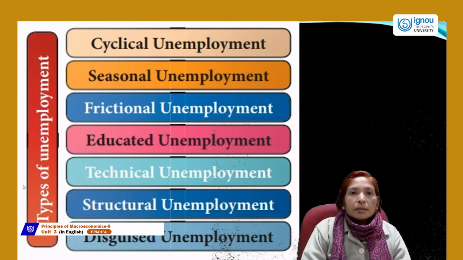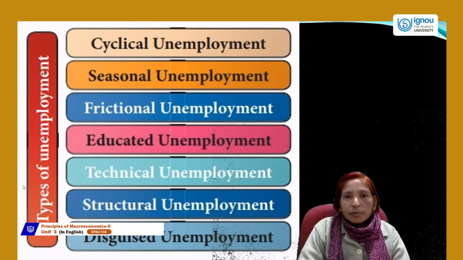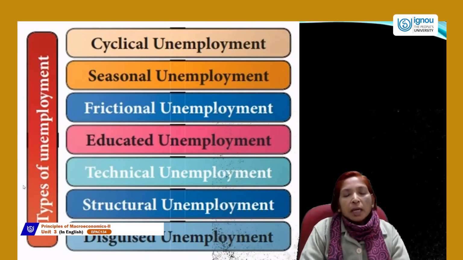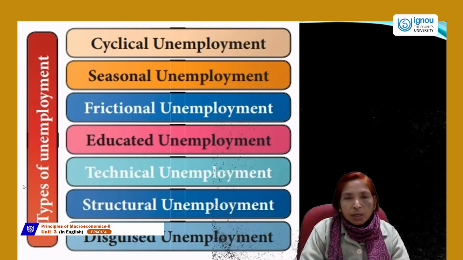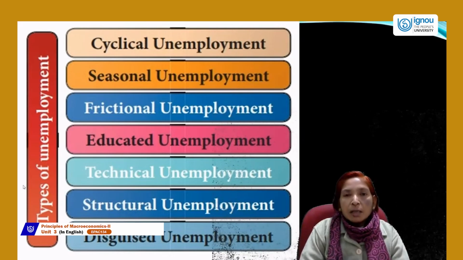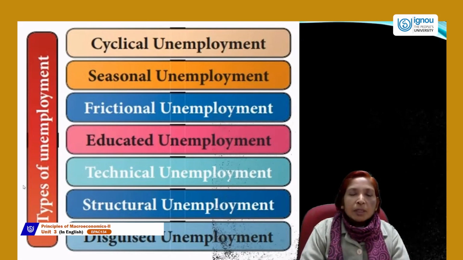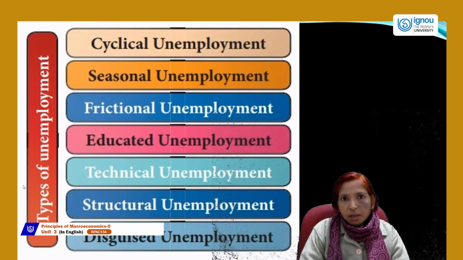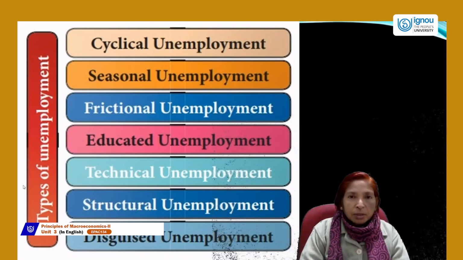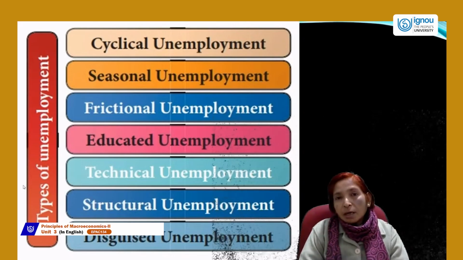And there may be so many other types of unemployment, like underemployment. If any person is not doing work according to his or her qualification, that person will be called underemployed. For example, if an MBA degree holder is doing work in a petrol pump, that is called underemployment.